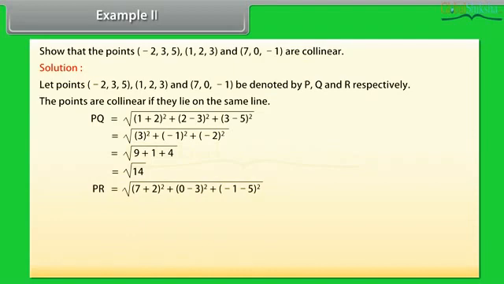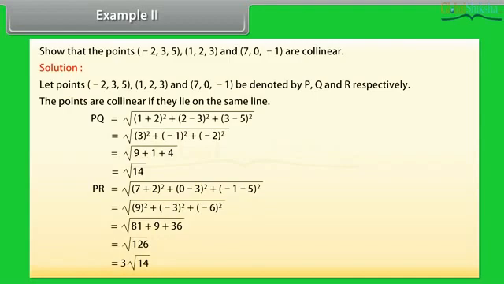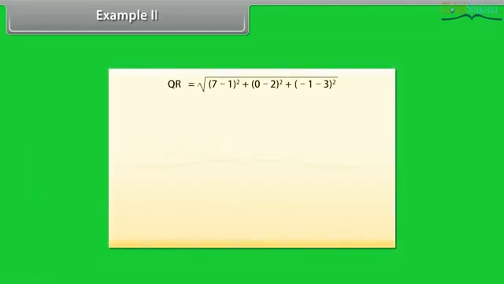PR is equal to the square root of (7 plus 2) square plus (0 minus 3) square plus (-1 minus 5) square. After calculating PR, we get 3 into square root of 14. QR is equal to the square root of (7 minus 1) square plus (0 minus 2) square plus (-1 minus 3) square.